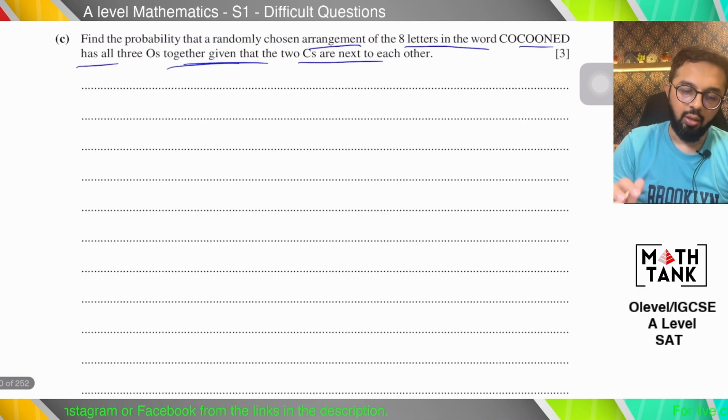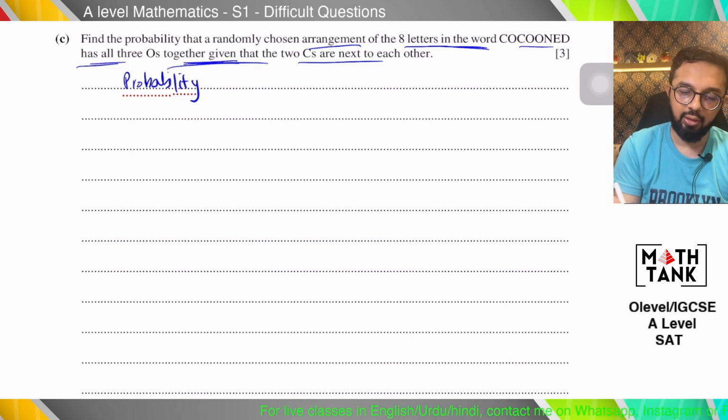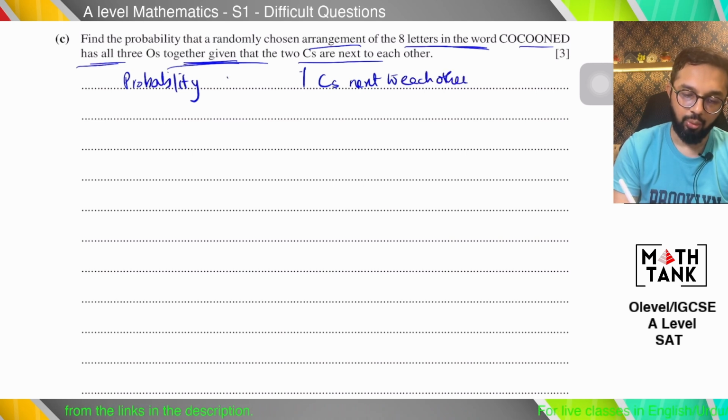Yeah. Okay, find the probability. So there's a given condition as well. What is the given condition? The given condition is given C's next to each other and O's together.